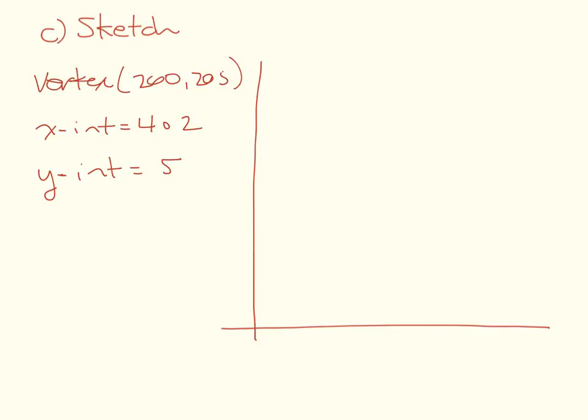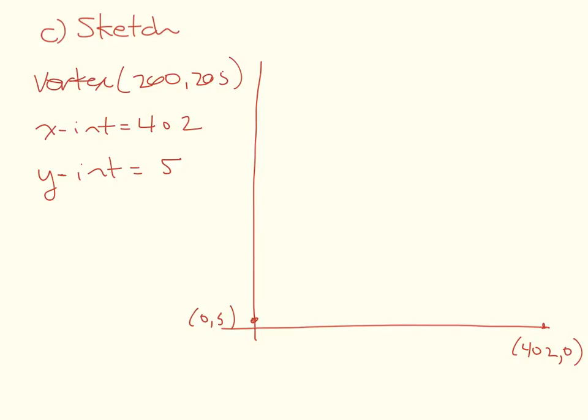So now we have enough points to go on to make a fairly rough sketch of the flight of this arrow. Our y-intercept is at 5, so that's the point (0, 5). Our x-intercept is at 402, so that's the point (402, 0).